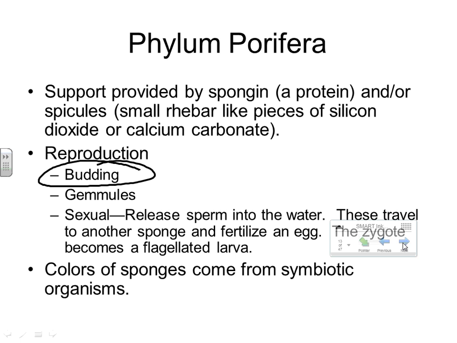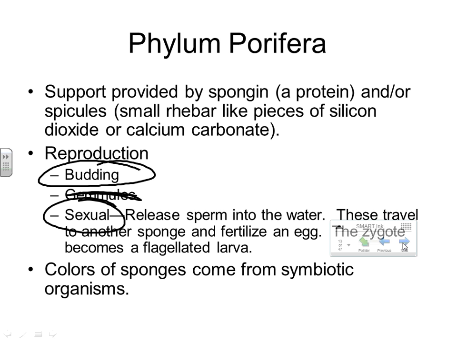And eventually that bud breaks off and makes a new sponge. It's cloning. Another way they can reproduce though is sexual. We're going to save this for later. We may come to it later. Typically what will happen is they'll release sperm into the water. And those sperm swim around, try to find eggs in another sponge.